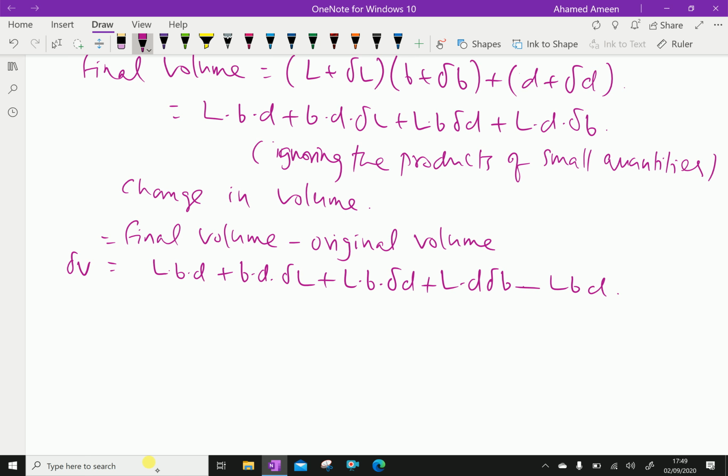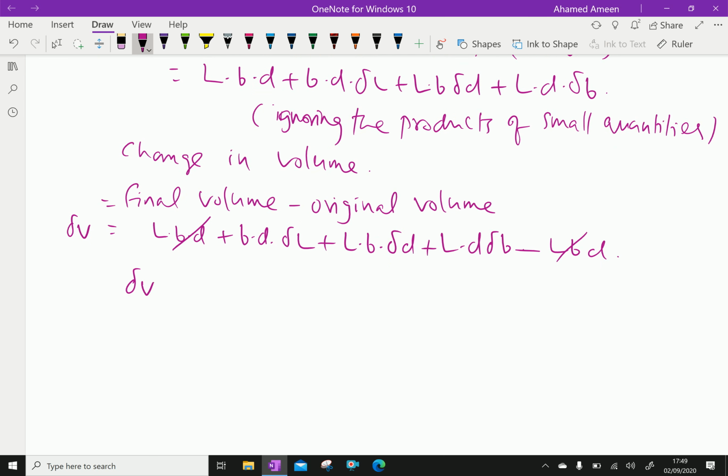So L B D minus L B D cancels, therefore we can write delta V equals B D delta L plus L B delta D plus L D delta B.